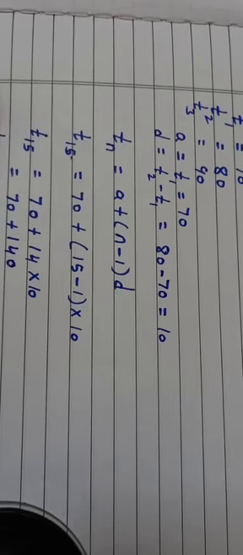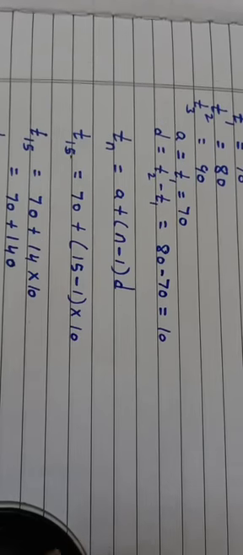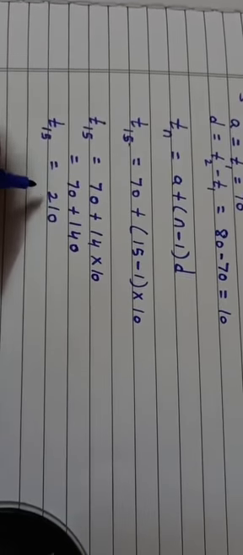So, when Kabir will be 15 years old, his height will be 210 centimeter. His aunt Meera was shocked that when he will be 15 years old, his height will be 210. So this is the way you should understand the concept of nth term of an AP.